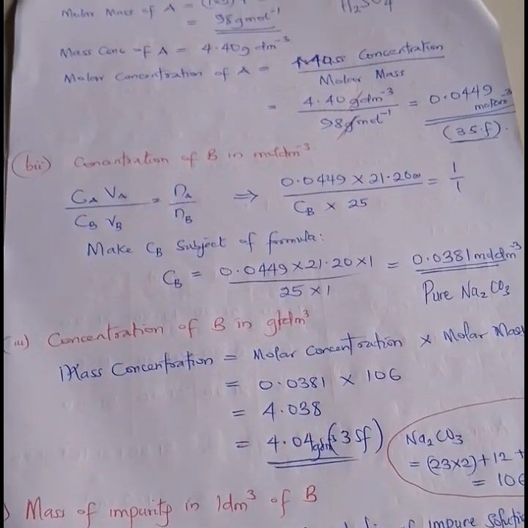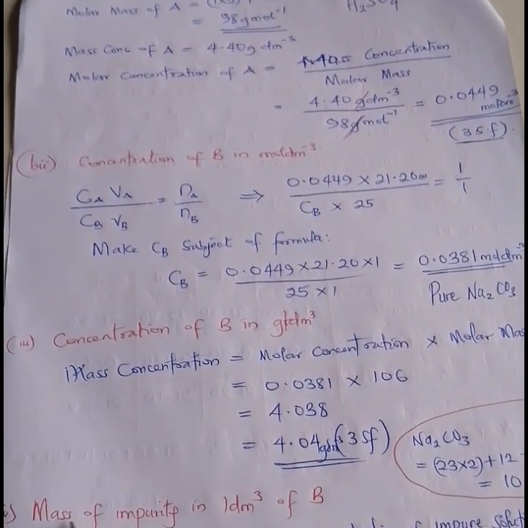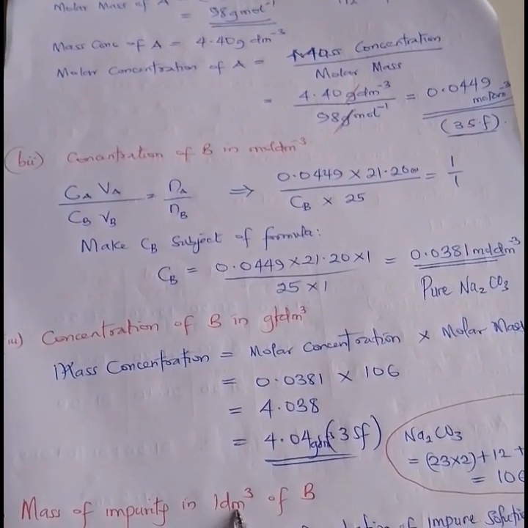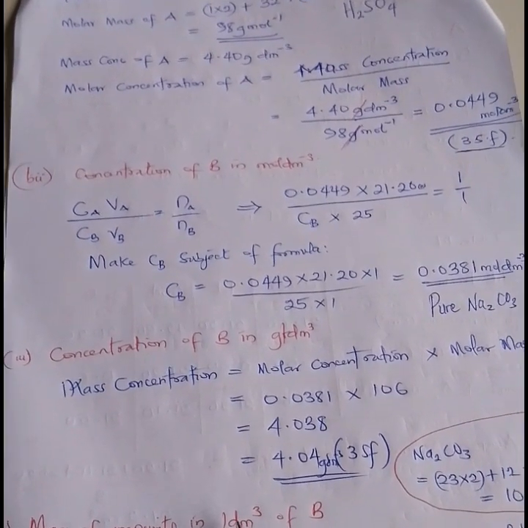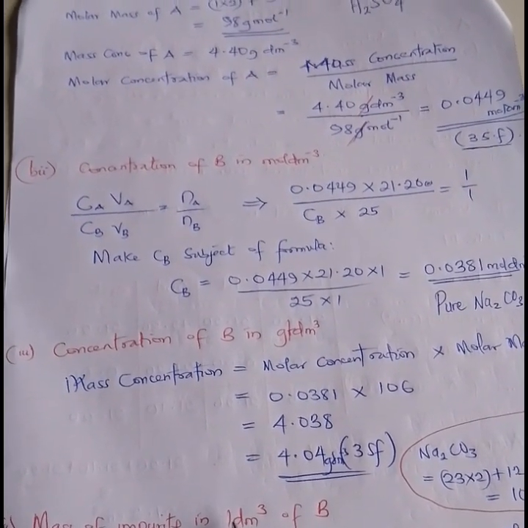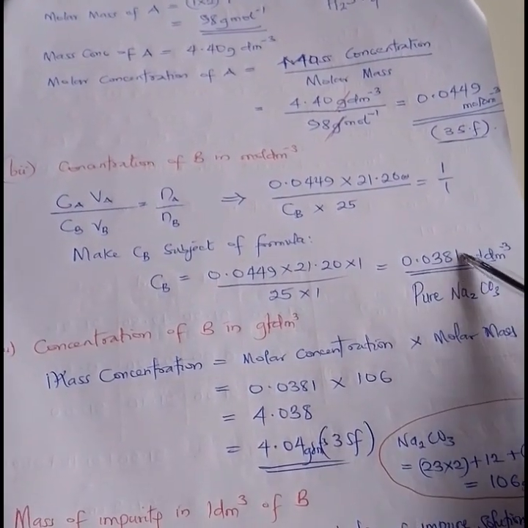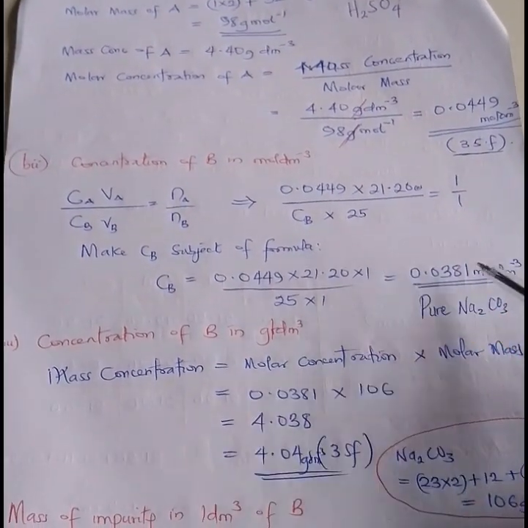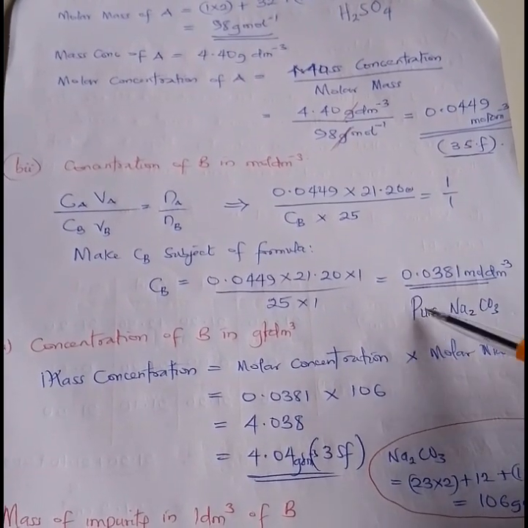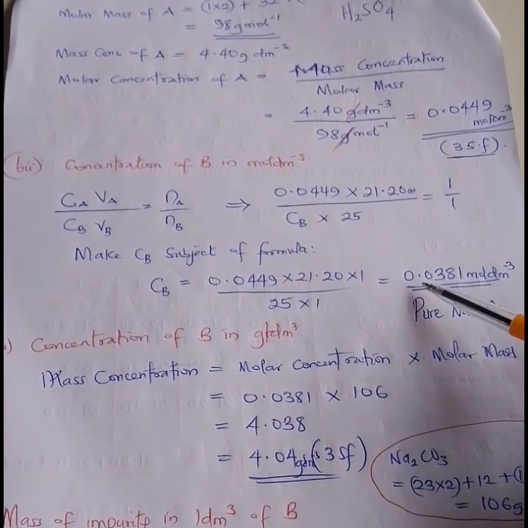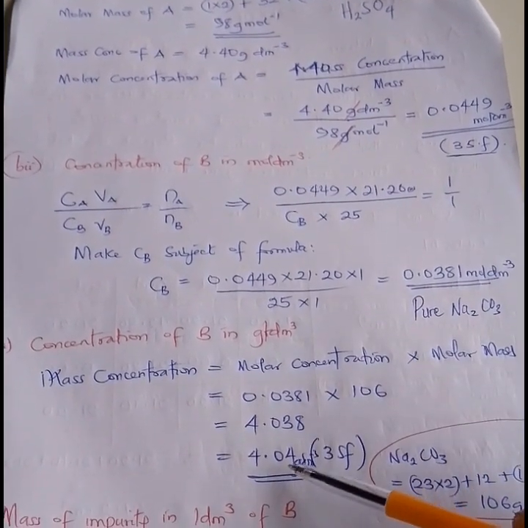All right. So the second to the last question says we should calculate the mass of the impurity in 1 dm cube of B. Don't forget that the solution given to us for B is an impure solution, but we have calculated the amount of the pure sodium trioxocarbonate in the impure solution as 0.0381, and the mass concentration is 4.04.